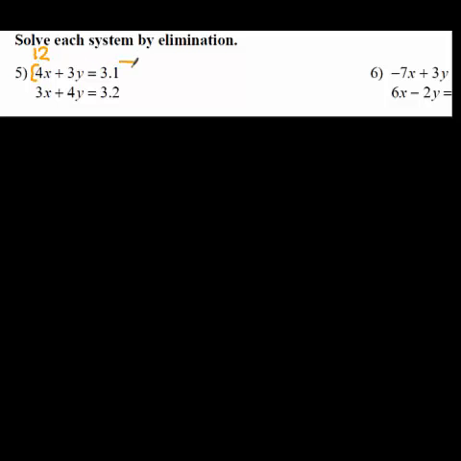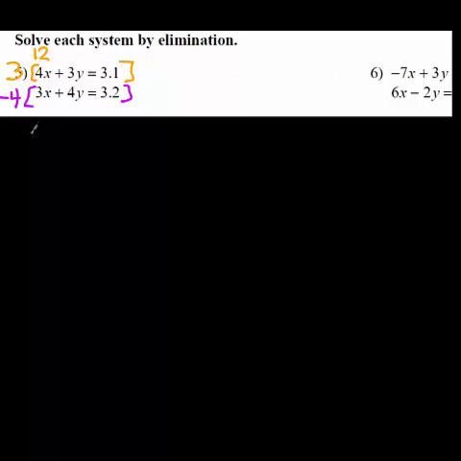In order to do that, I want to multiply the top equation by 3. And I would really want this to be a negative 12. If the top is going to be positive 12, I need the bottom to be negative 12. So I'm going to multiply the bottom one by negative 4.